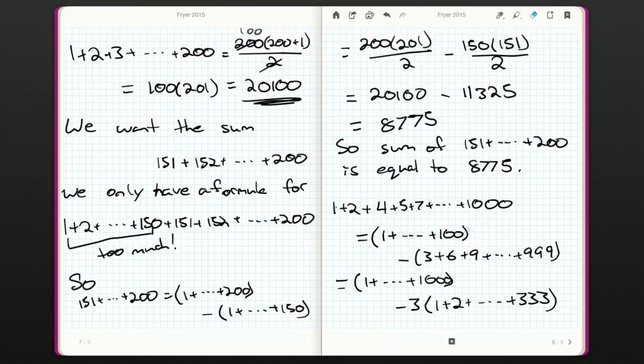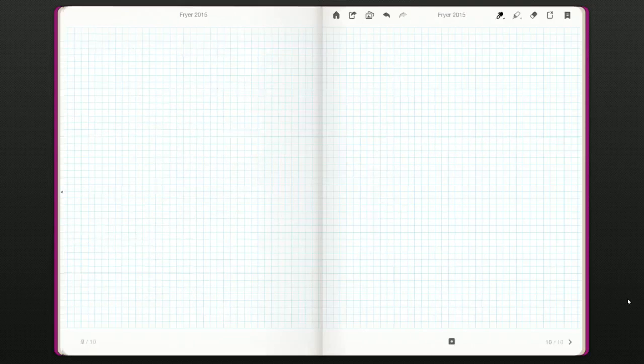I can add up the numbers 1 to 1,000. That's great. My formula handles that. I can do 3 times something once I have the something, and this something that we're multiplying by 3 is the sum of the numbers 1 to 333. And we can do that. That's absolutely doable.